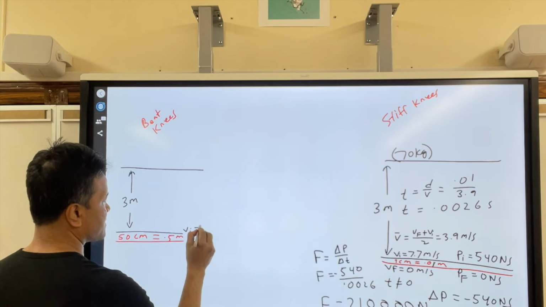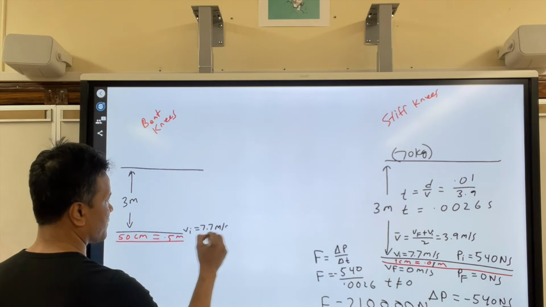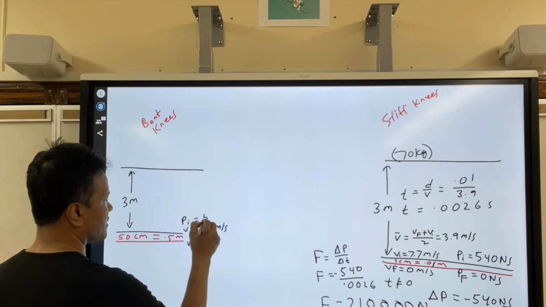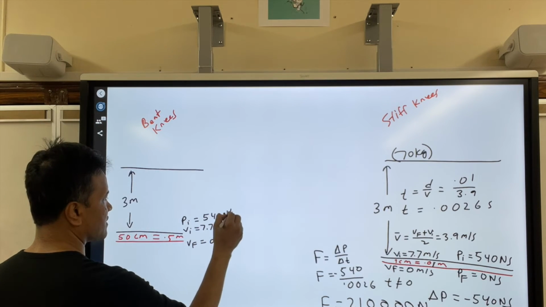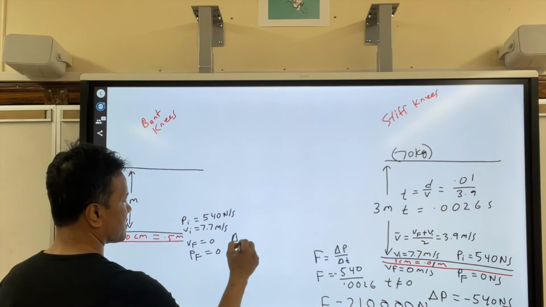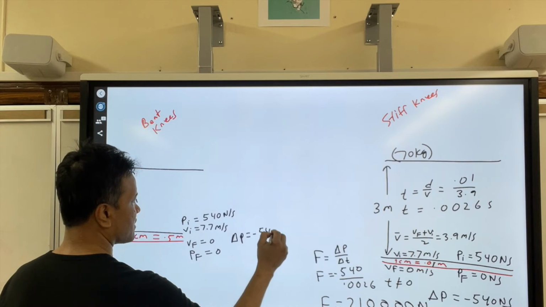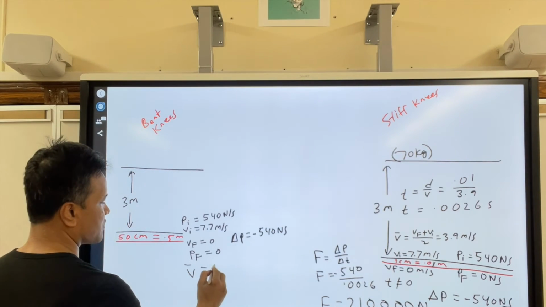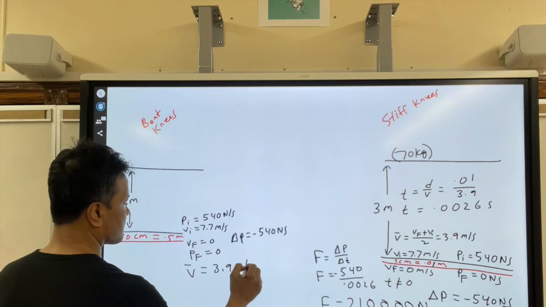What is the initial velocity? Initial velocity is 7.7 meter per second. Final velocity is 0. Initial momentum is 540 Newton second. Final momentum is 0. Total momentum is negative 540 Newton second. Average velocity is 3.9 meter per second.